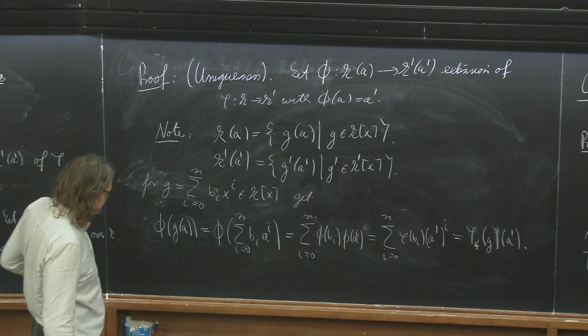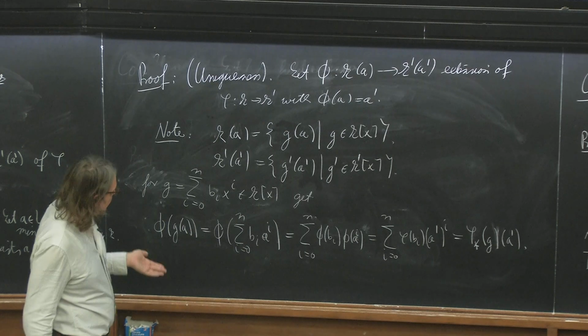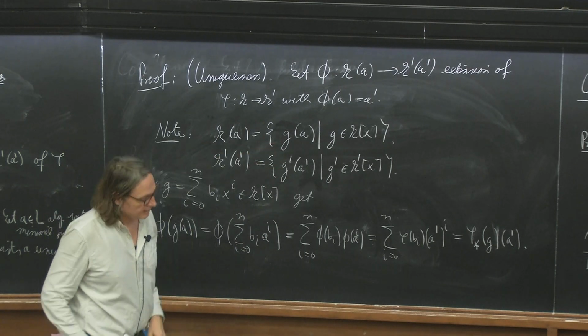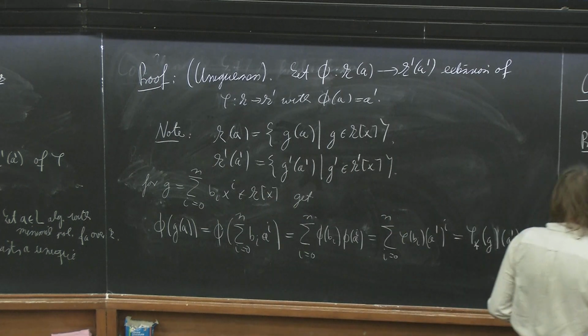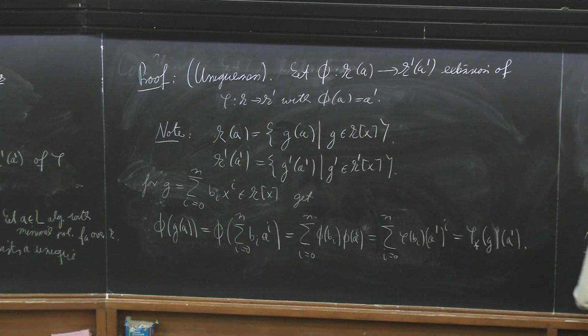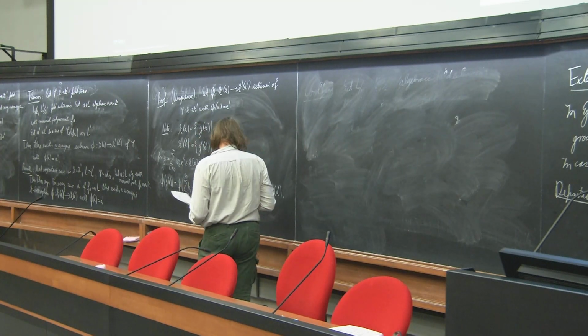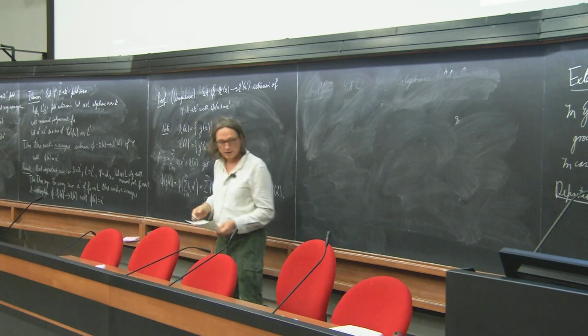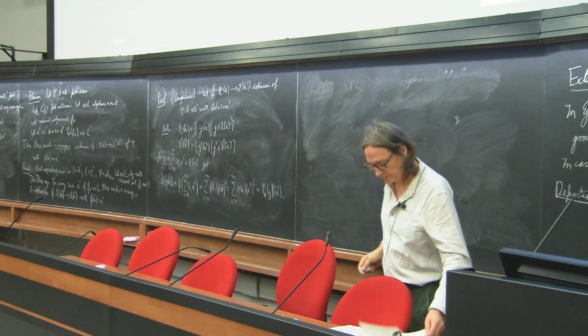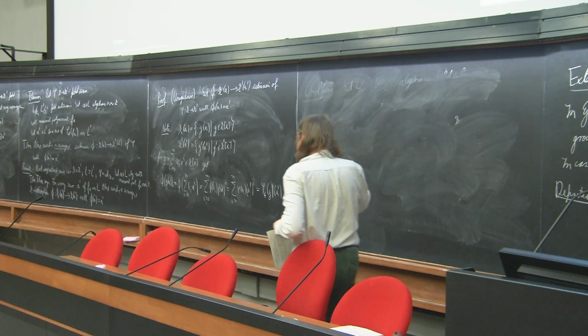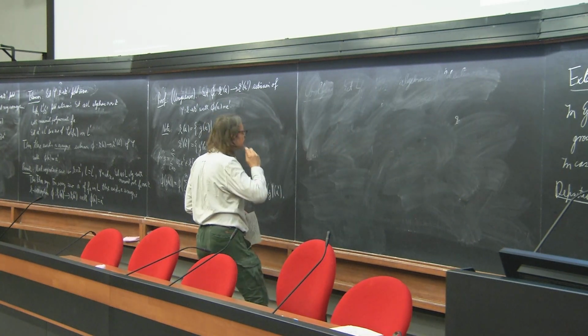This is not enough for the existence, because a priori we wouldn't know that this is well defined. You can write an element in K(a) in many ways as some polynomial. So we have to prove the existence. Well, obviously, the existence we do by writing this down. We have found the uniqueness.